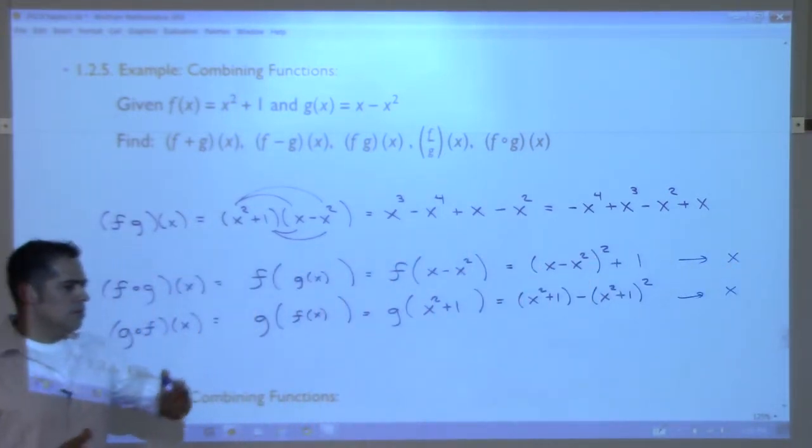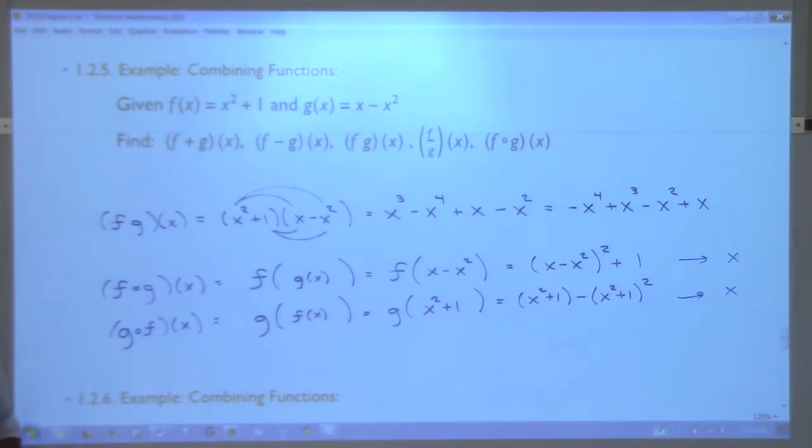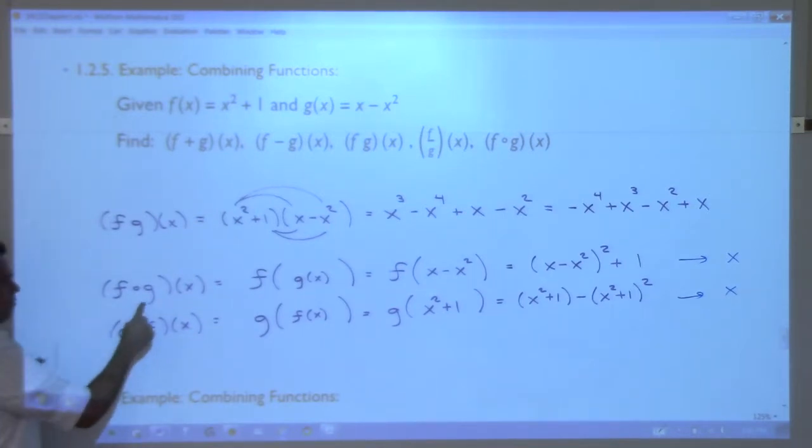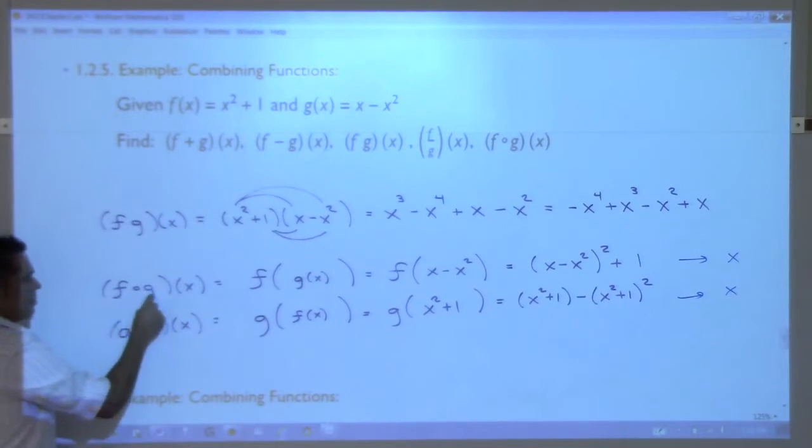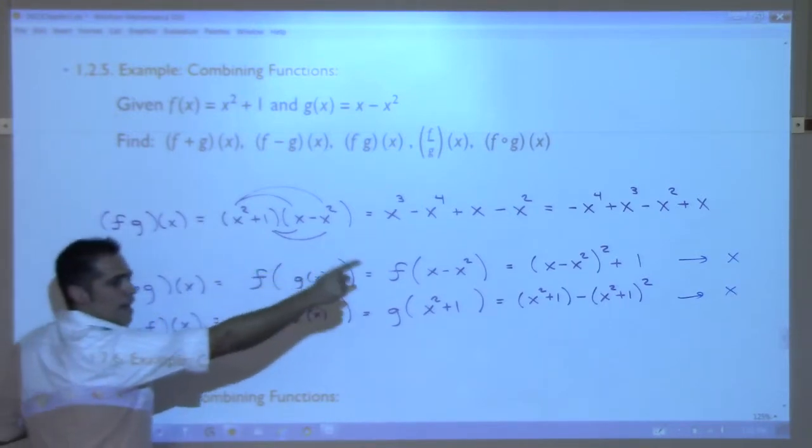They're not the same functions. Not, well, I don't think "like" is the word we would use for it. Maybe I can help you this way. What does it mean to say that f of g of x would turn out to be x?